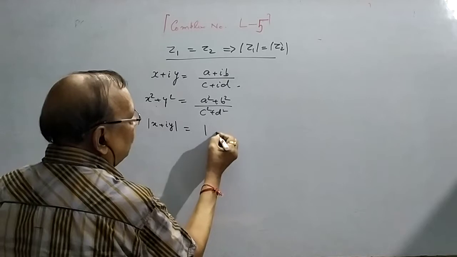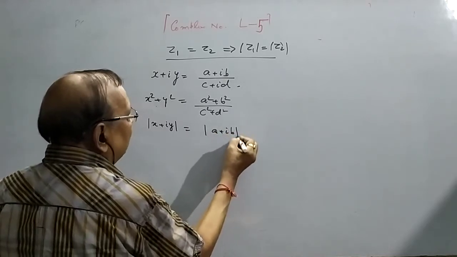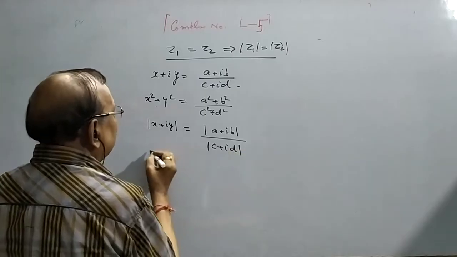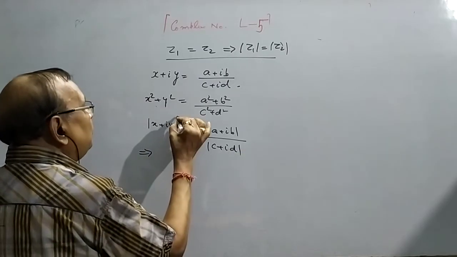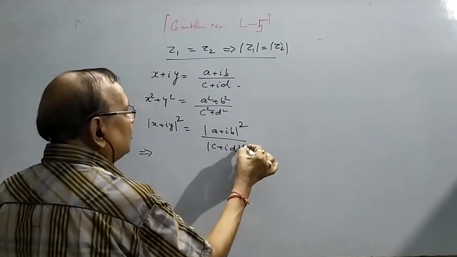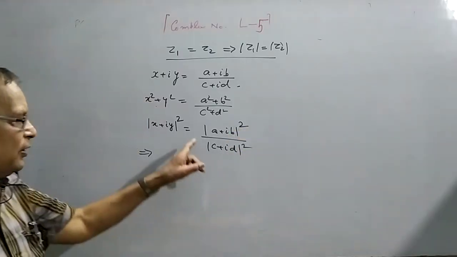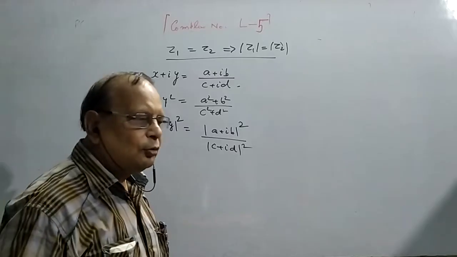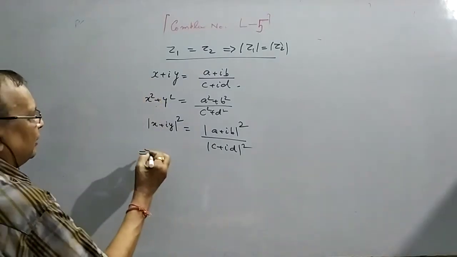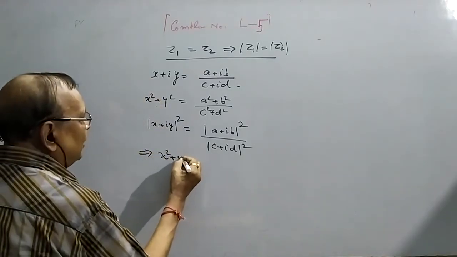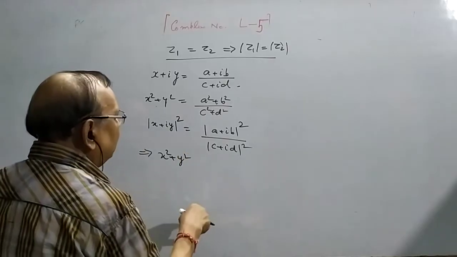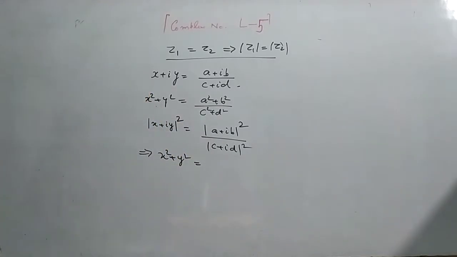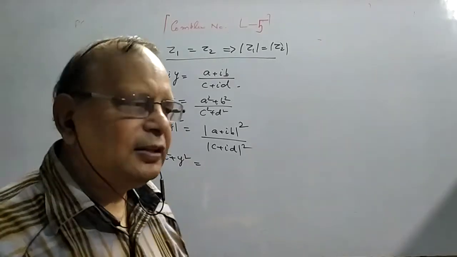which will be modulus of a plus ib upon modulus of c plus id. That means you may make it square. In first stage you can write only modulus, in second stage you may make it square, again you may write that will be x square plus y square, or you may take your own decision whenever you make it square.